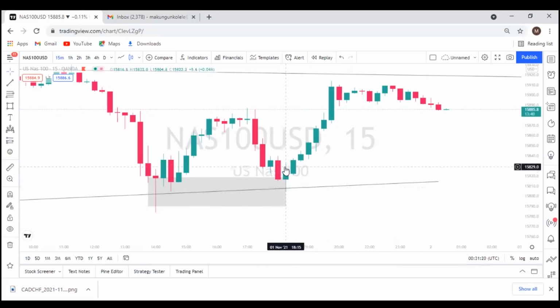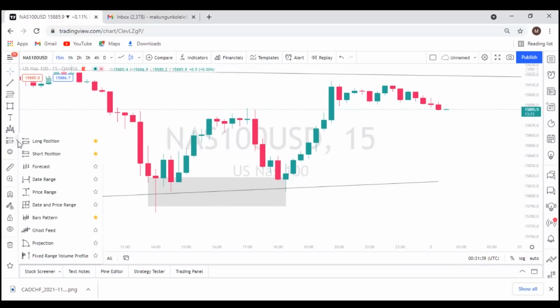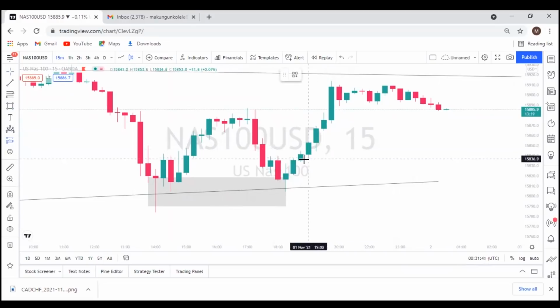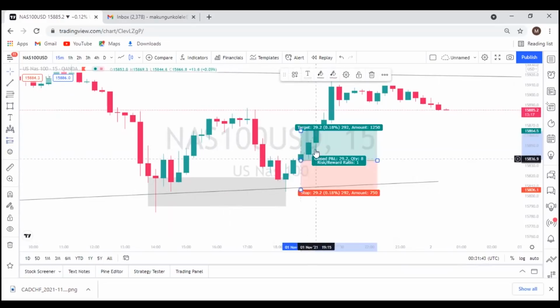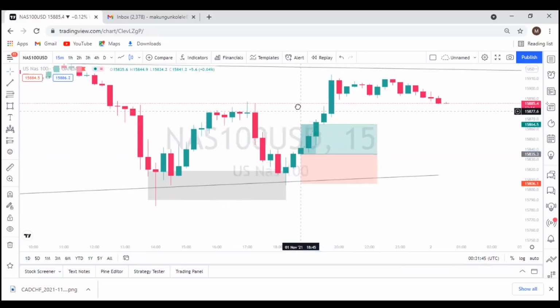And as you can see, this is almost a doji or a morning star candlestick. So we had this one bullish and this one bullish as well, so I would have had enough confirmation to bet on the next candlestick.